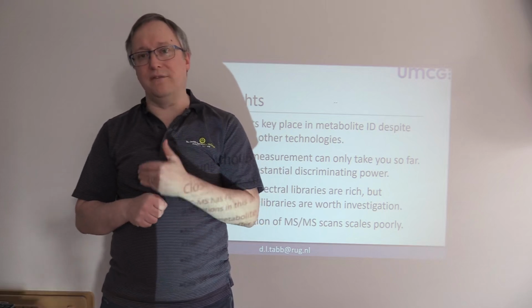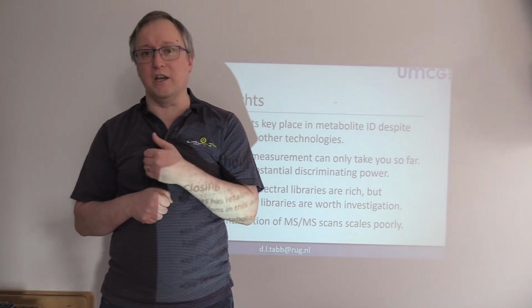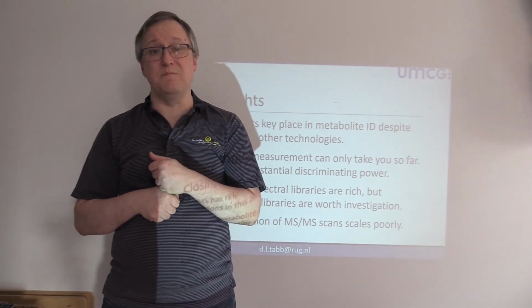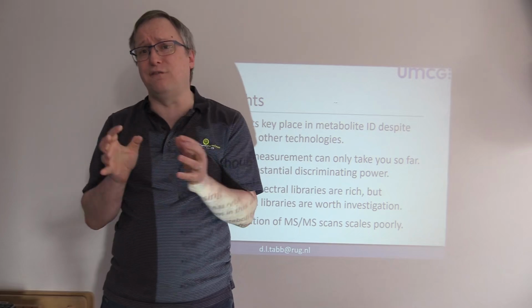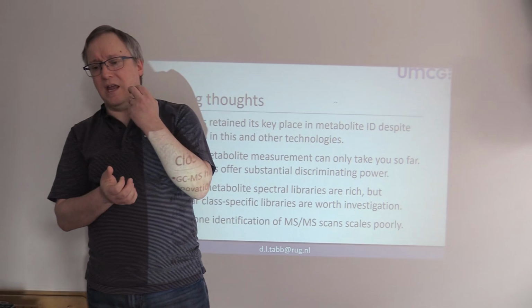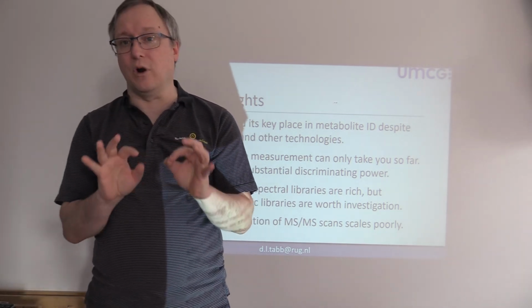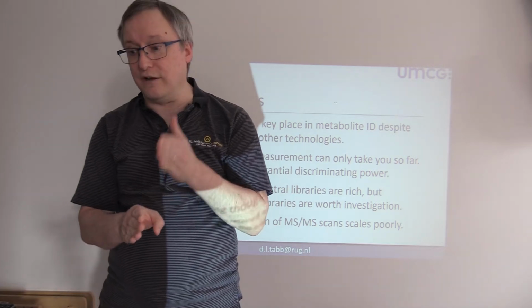If you only have an intact mass for a metabolite, it's probably not going to get you an identity. It may be able to get you to a handful of chemical compositions, and yet having fragment ions from it is going to be a lot more helpful in nailing down that identification firmly.